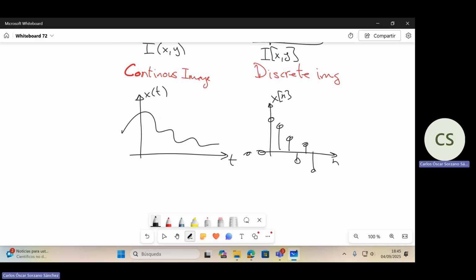And what is a signal? A signal is something that takes an argument and returns another value. This is called the domain. I will make the domain green.